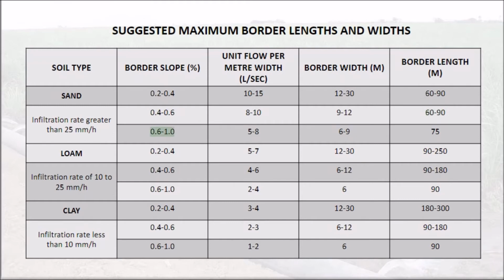Slope 0.6 to 1.0, flow 5 to 8, width 6 to 9, length 75.